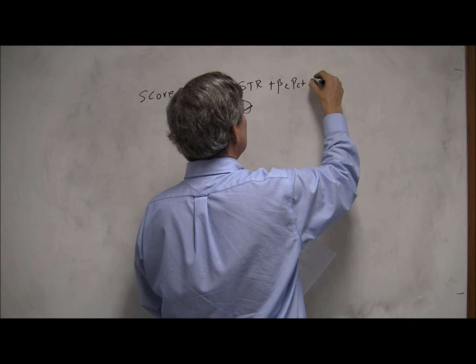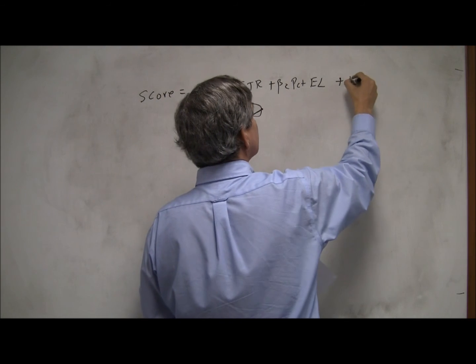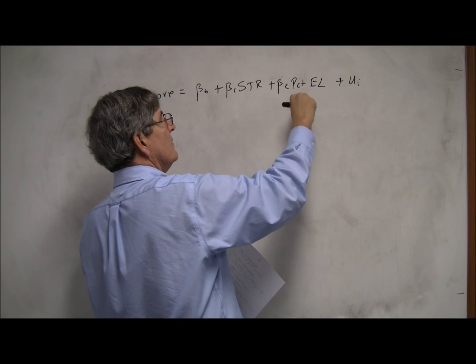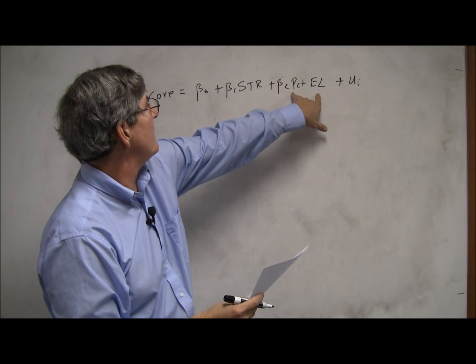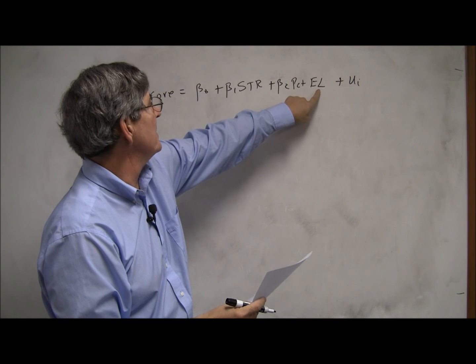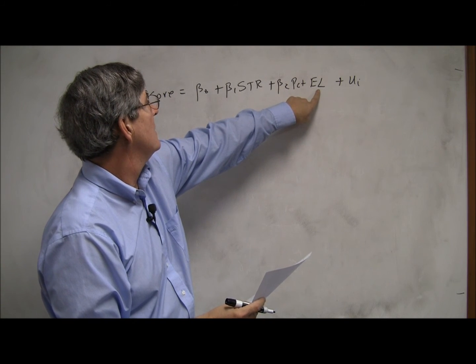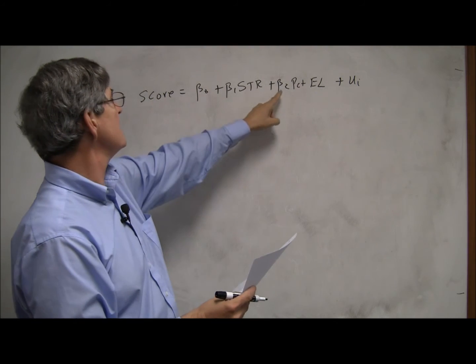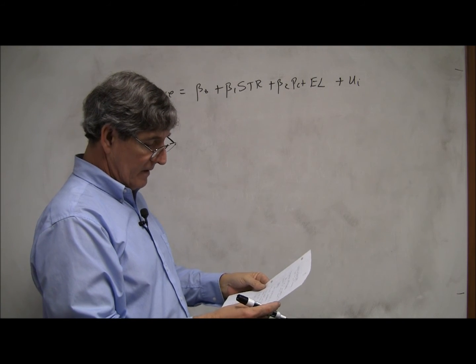I called this the people where English was not the native language, but this is English learners. The notion is if you have more English learners, you'll have lower test scores. So your null is probably that beta 2 is less than 0 here.